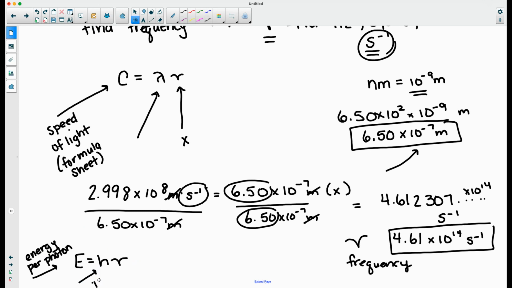H, remember, is Planck's constant, and that is also on your formula sheet under atomic structure.